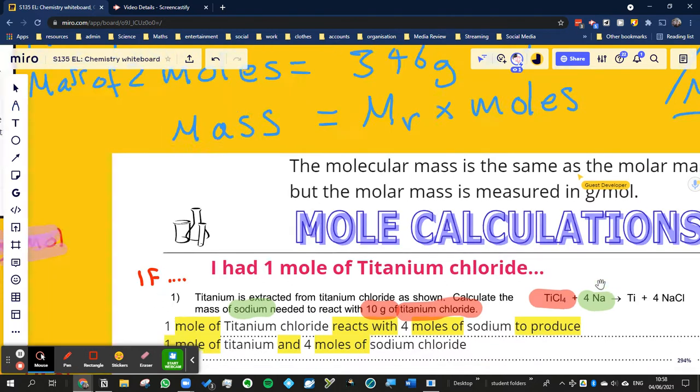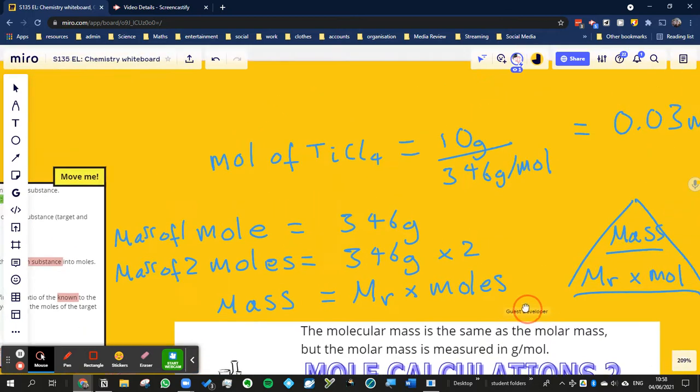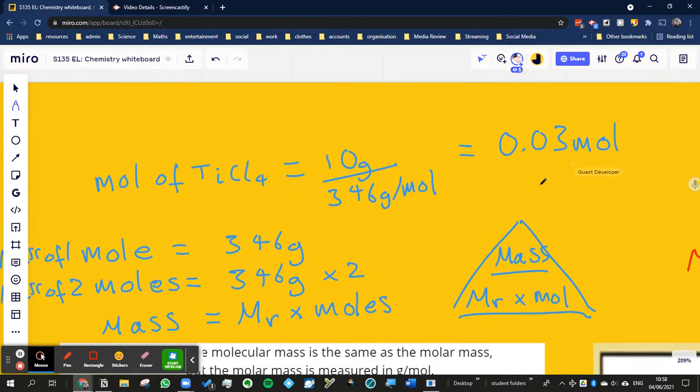I don't have 1 mole. I only have 0.03 moles, but I know that it's 4 times the amount. So this is the final stage: the moles of sodium required would be 4 times the amount, because the ratio is 1 to 4.